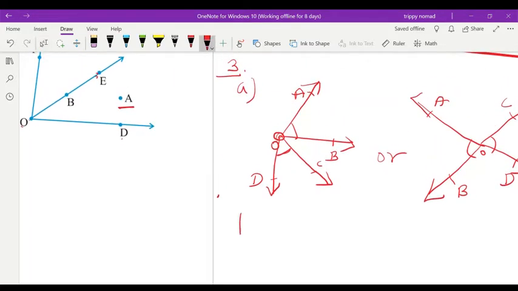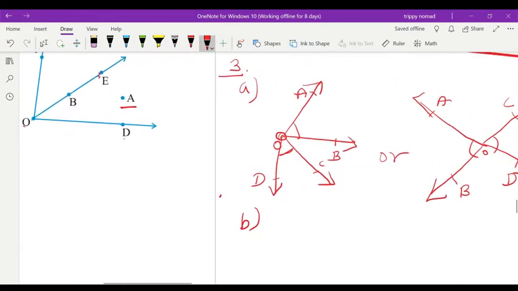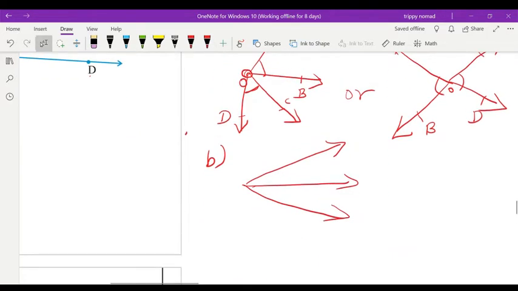Now part B of this question, two points common. So how will we draw this one? Draw two angles having two points common.